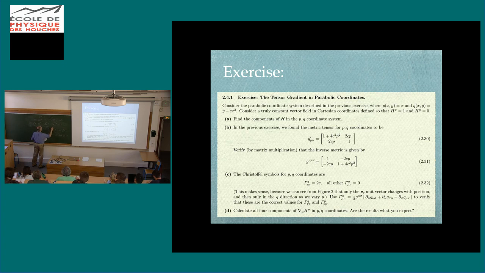I've got some other terms here, but this is the only non-zero term. Okay, I'm going to erase this. I think we're done with it. So what is this derivative? It's minus 2c, right?